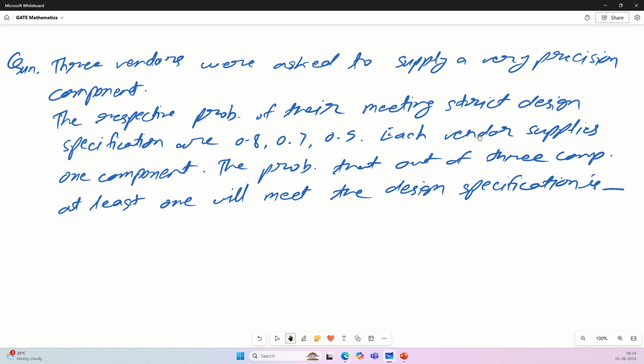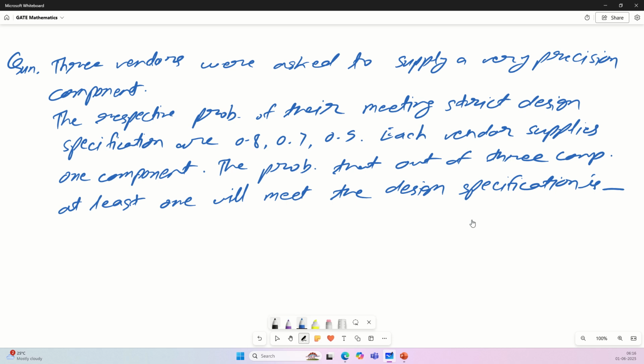So we have to find out that these 3 vendors, their design specification probability is 0.8, 0.7 and 0.5, and each of them has supplied, let's say, one component. Then those components will meet the design specification. I mean, one of them will meet design specification is what? So that's the question that we have to understand, right?